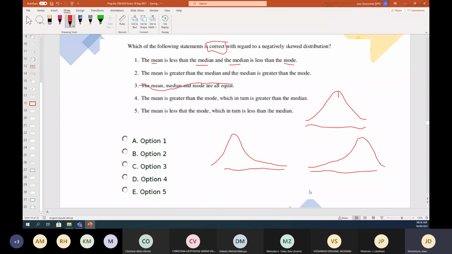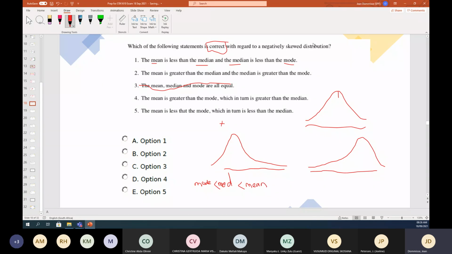Okay, so on the paper that I nearly did a summary, your positive skewed is your mode is smaller than your median, and that is smaller than your mean.